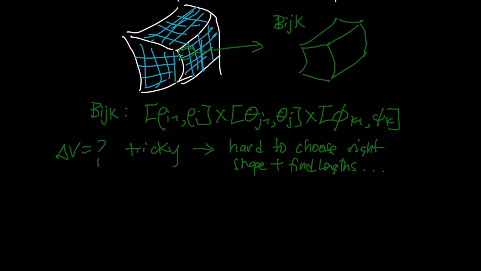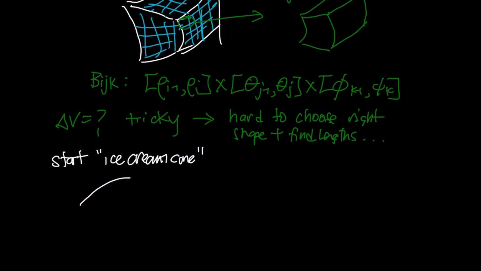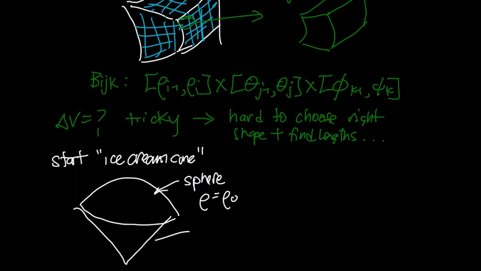What we're going to do is start with our friend the ice cream cone from the previous video. Now, an ice cream cone is essentially a spherical cap on top of a cone like this. And up here, we've got a sphere that's given by rho equals rho naught, a constant. Down here is a cone that's described by phi at some angle phi naught, which is a constant.